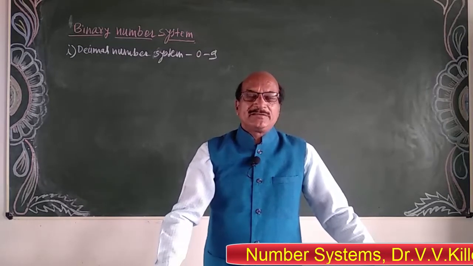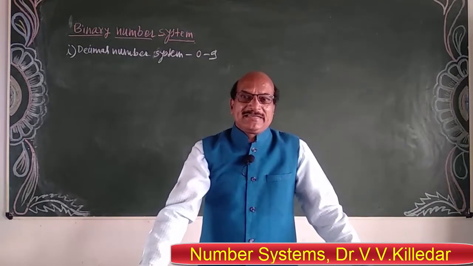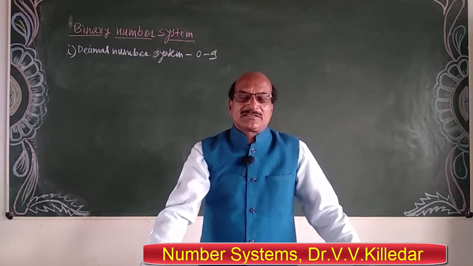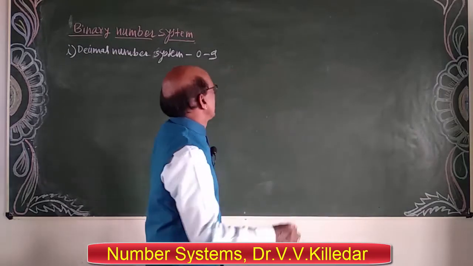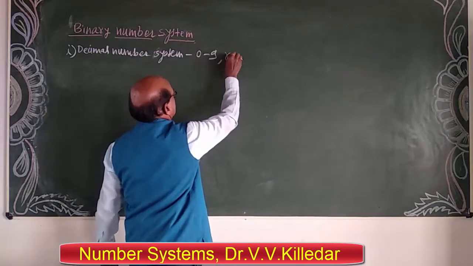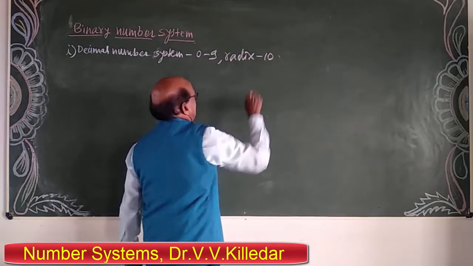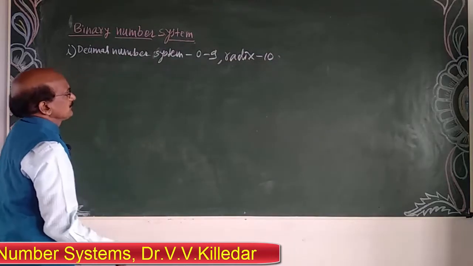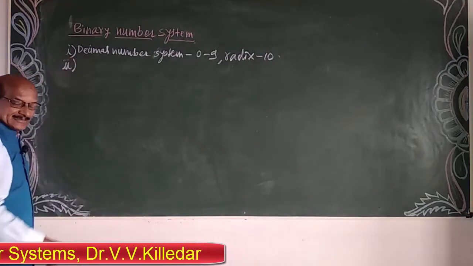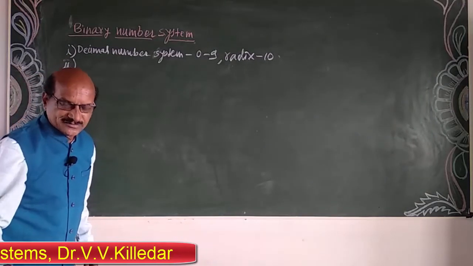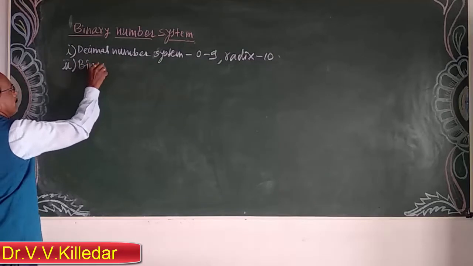As we are using 10 basic symbols to define any number in decimal number system, the base of this number system, or radix, is 10. Radix of this number system is 10. Now, another number system that is used in computers or microprocessors is binary number system.